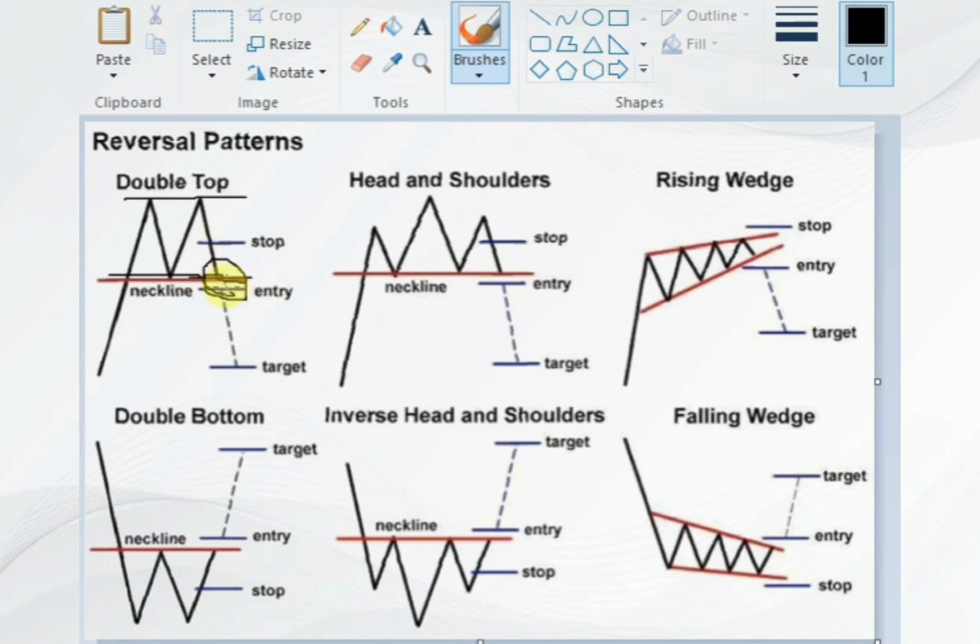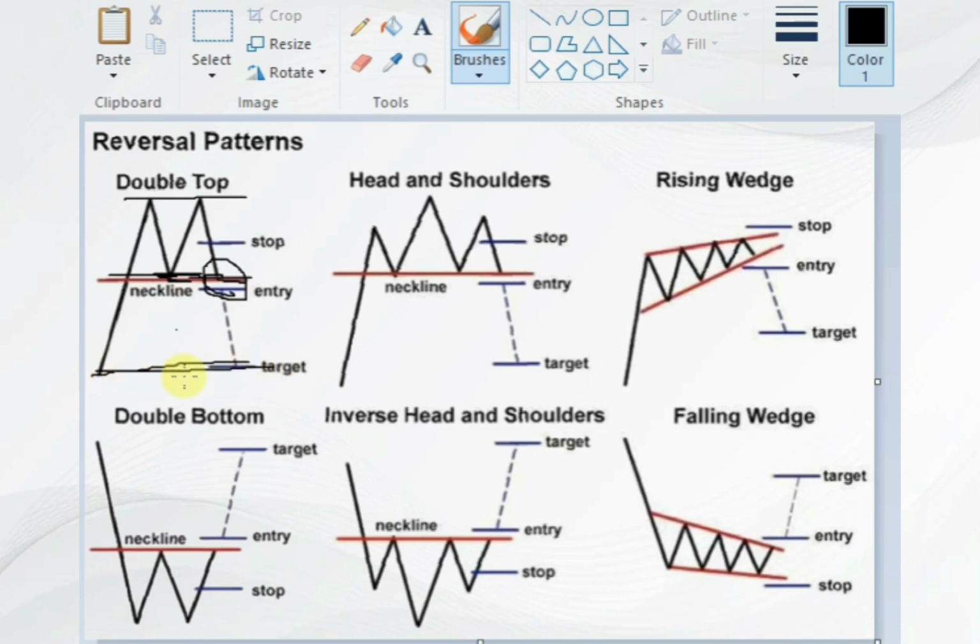So you want to properly see that the price breaks below this support level to get your trade entry, to get an opportunity to sell the market to this point. This will be your target. Your target will be the next support level after price breaks this previous support, which is around this area.